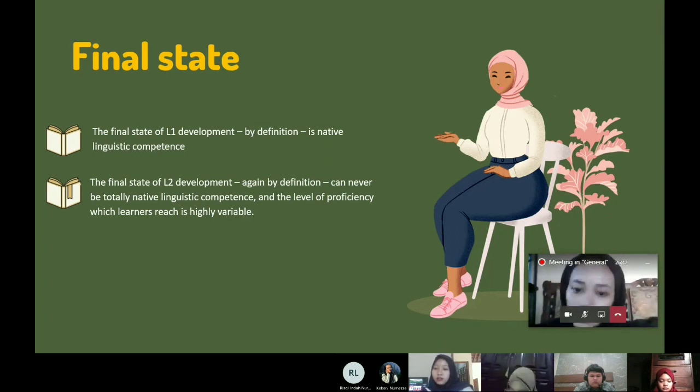The complex of factors which contribute to differential levels of ultimate multilingual development is a major interest for both SLA theory and second language teaching methods.